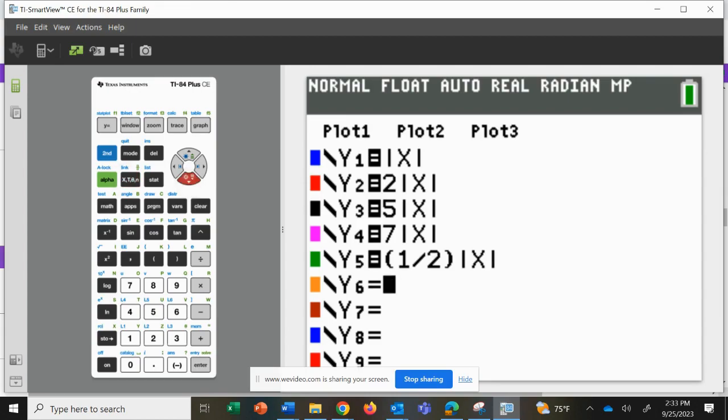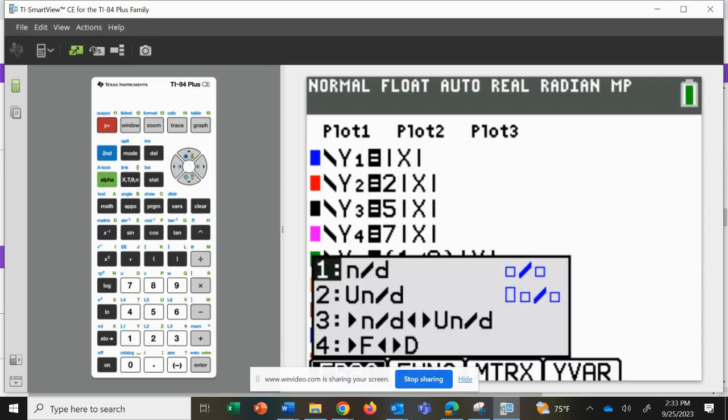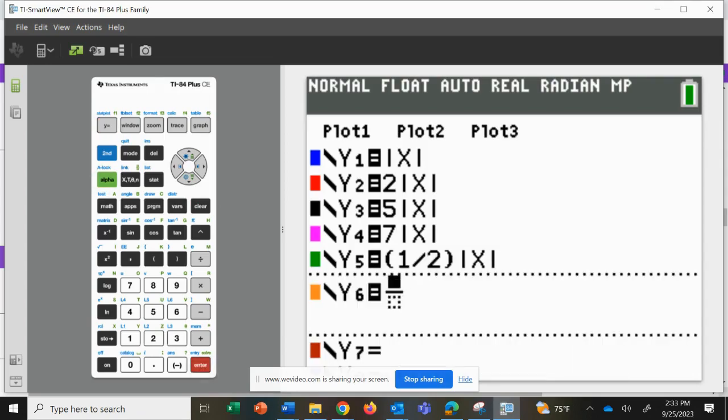So here's 1/2. Give me another fraction. 1/4. Okay. So alpha y equals enter is how you get those actual fraction bars like that.